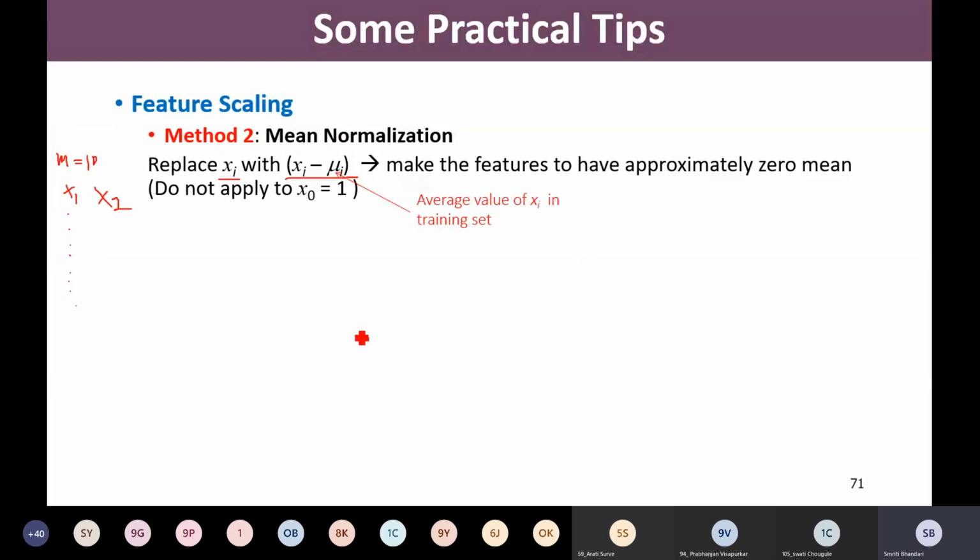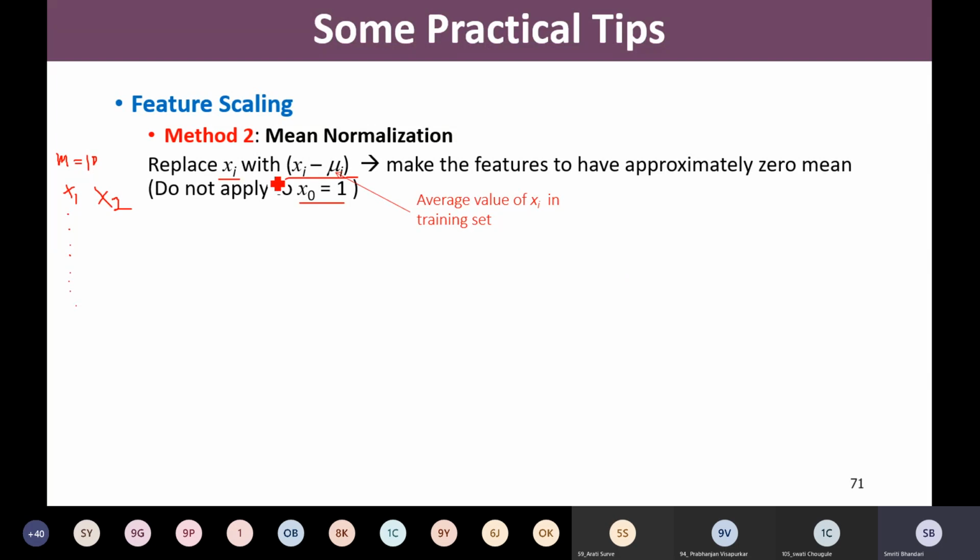So we are making sure that the features have approximately zero mean, because we are subtracting the average value of that feature. And we are not going to apply this to x0 equal to 1, because x0 already has the value 1. So we need not do it for that feature x0.